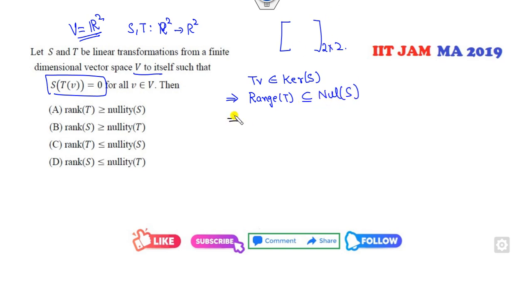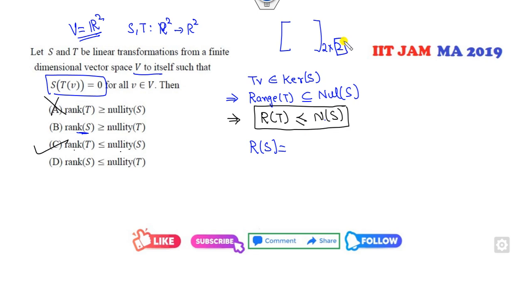Fine. So if this is there, you can find that dimension. That means the rank of T is less than or equal to the nullity of S. Now you have to find the rank of S. How can you find the rank of S?